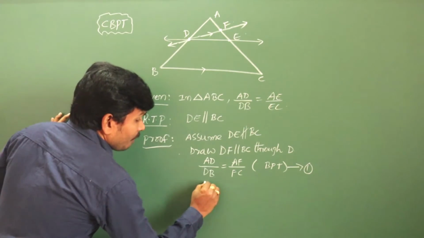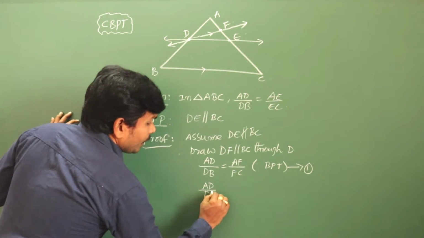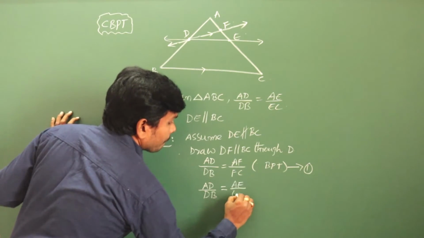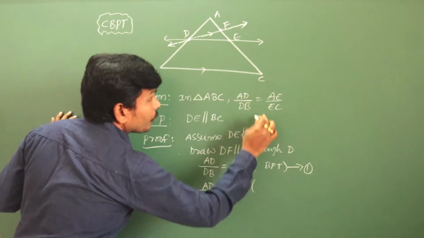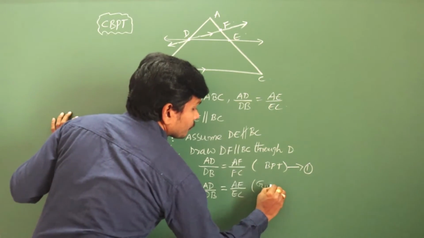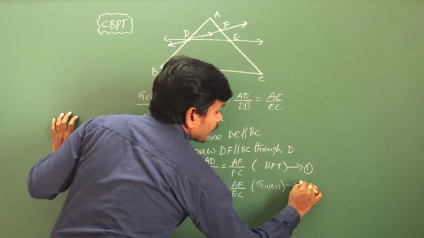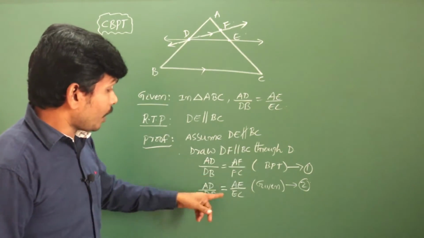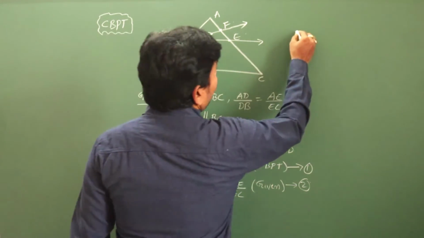But AD by DB is equal to AE by EC. This is given. Take this as equation 2. What do you get from 1 and 2?